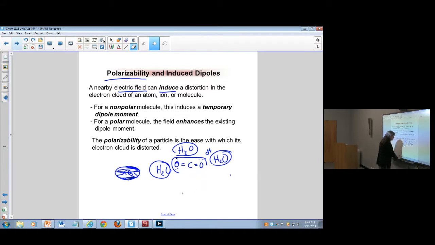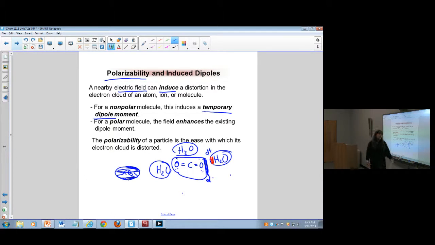This end, if this is partially positive, right here, then this end of the carbon dioxide is going to briefly form a partially negative side. Okay, so if this is partially positive, then these electrons are going to be attracted towards the hydrogen. Okay, so those produce a temporary dipole moment.